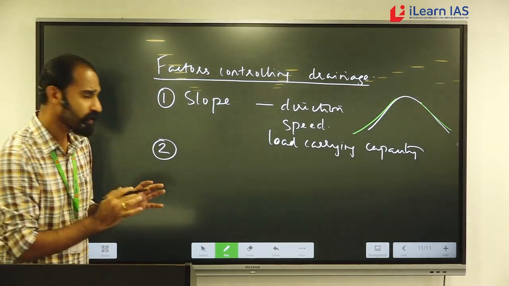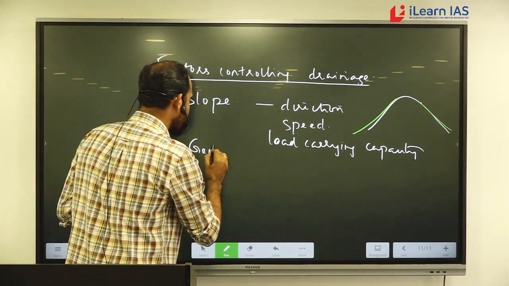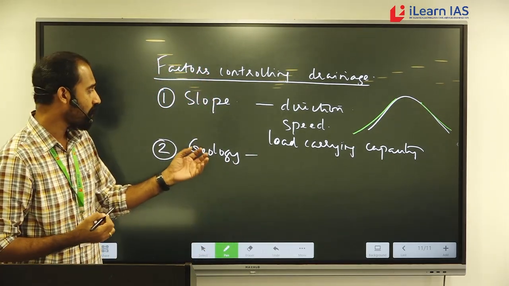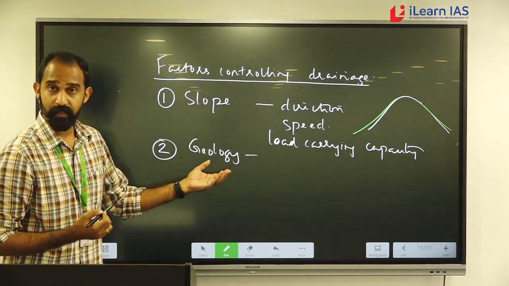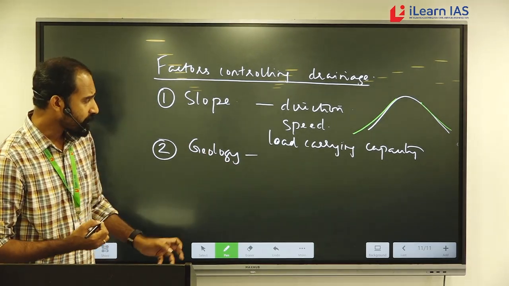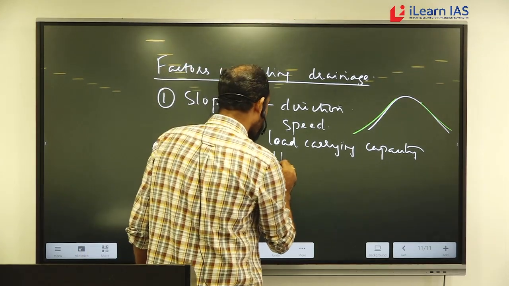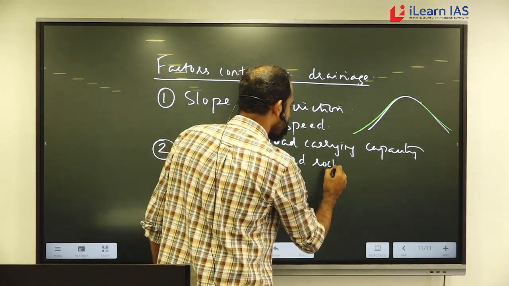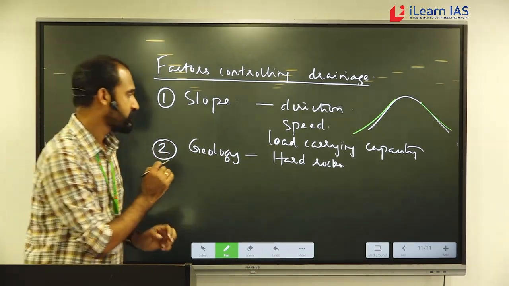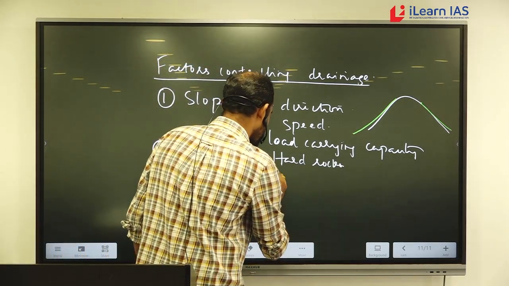The second very important factor is the geology. That is the characteristics of the rocks or the ground that make up that region. Now, if that region is made up of hard rocks, then the freedom of the river is restricted.